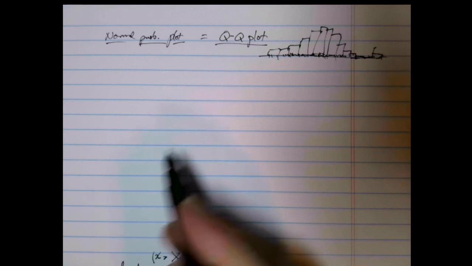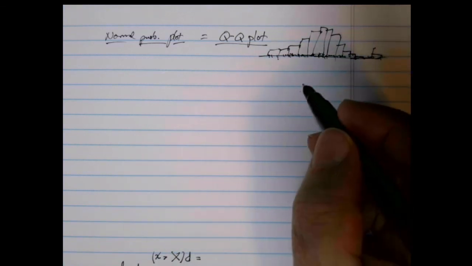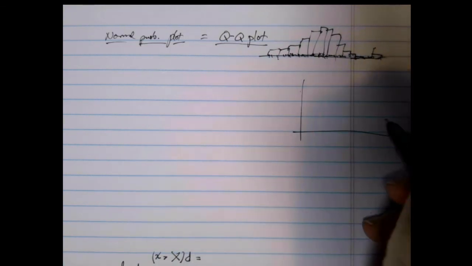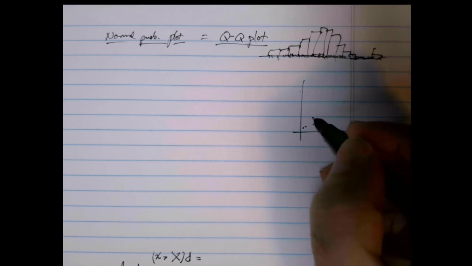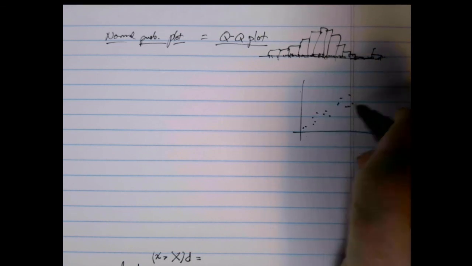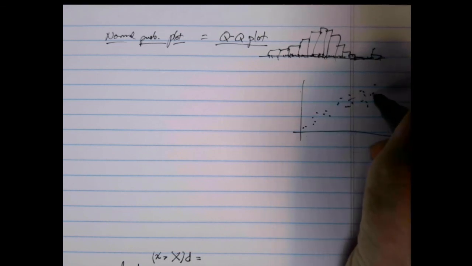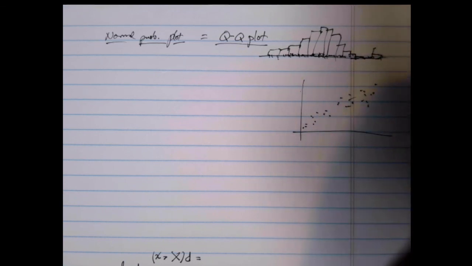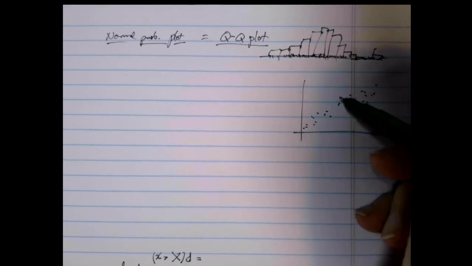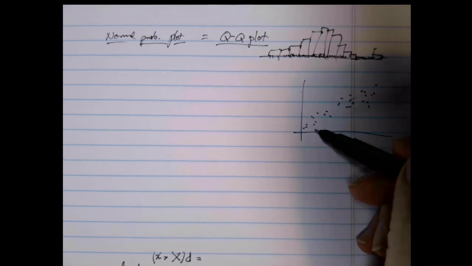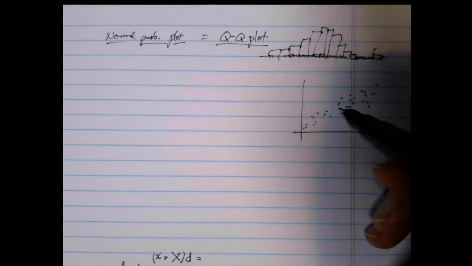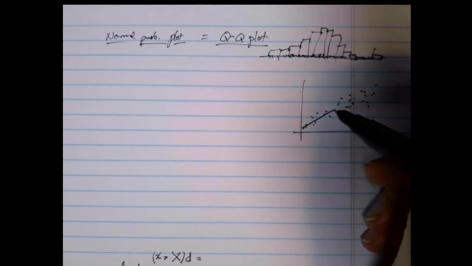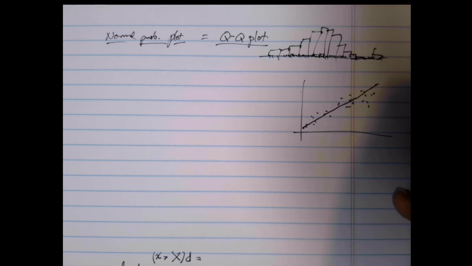What it does is it takes data points like this and it turns them into a scatter plot. And so the scatter plot might look like this. And the thing about this kind of scatter plot, and we won't talk about the details of how to get this thing, is that if the data were perfectly normally distributed, all those points would fall on a straight line.